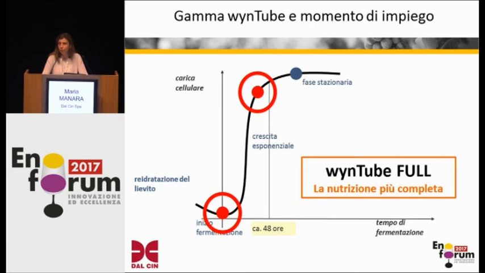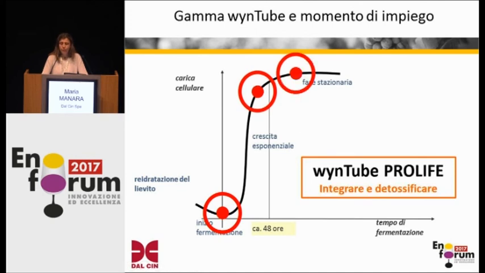The WinTube Full is our most complex and comprehensive set of nutrients, including all the different nutritious elements that yeasts may need. It's very comprehensive, and it can be used at the beginning of fermentation or close to the end, one third from the end. And it's also good for aromatic expression.